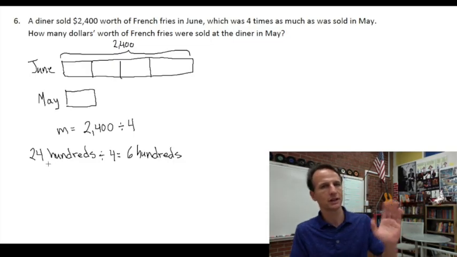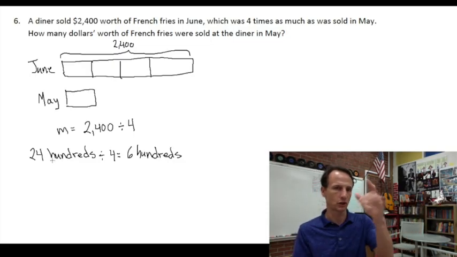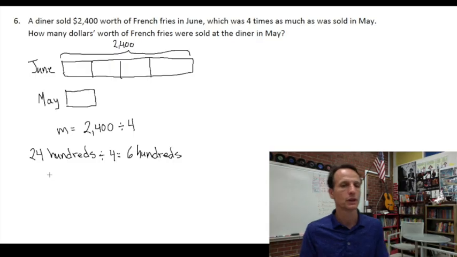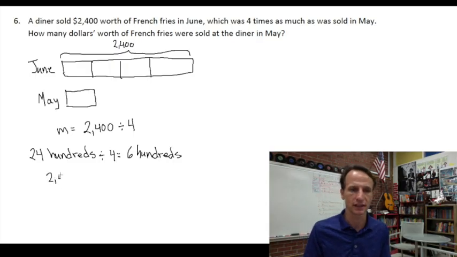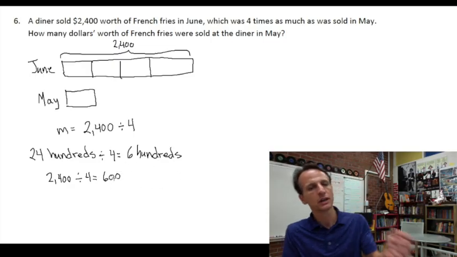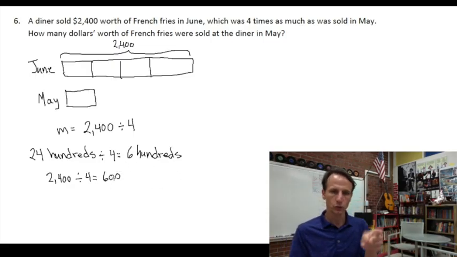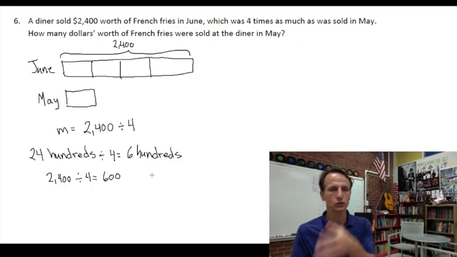Otherwise, a very common error is to be off by a place value. So 2,400 divided by 4 in standard form, 6 hundreds is 600. And somebody says, hey, that's not right. Look, 600, 1,200, 1,800, 2,400. That's what we started with.